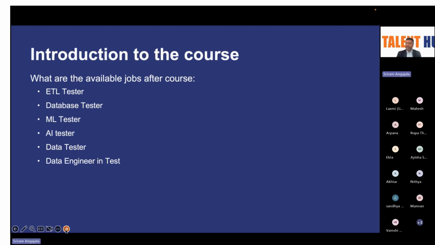You can see here, right now, these are the most in-demand jobs in the market. And there are no people with this particular skill set. All you get in the market in testing is either manual testing or automation testing. 90% manual testing, 10% automation testing.